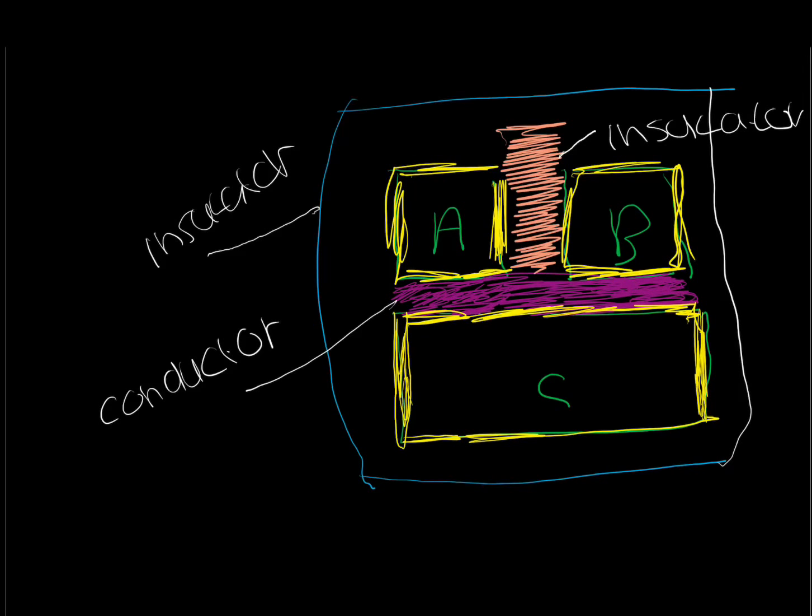So the law states that if C is at thermal equilibrium with A and B, that must mean A and B are in thermal equilibrium with each other. So we put an insulator between A and B. This is the insulator, and so they don't touch, so there's no heat transfer.